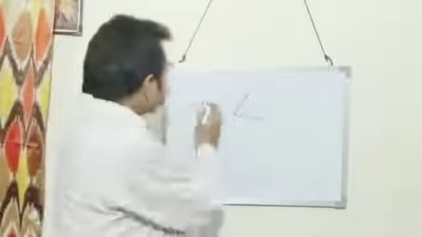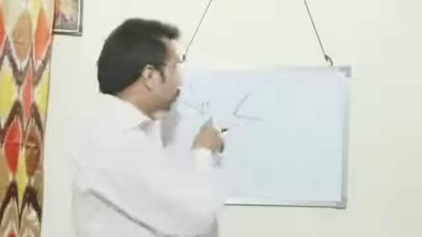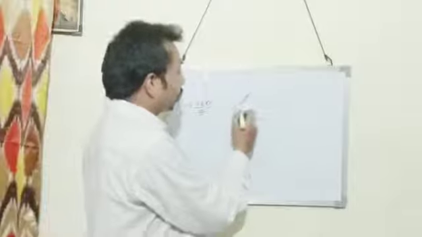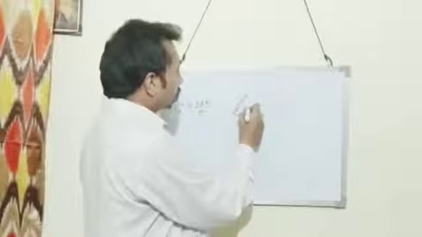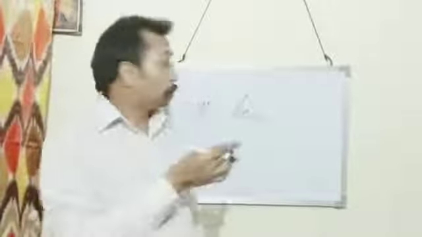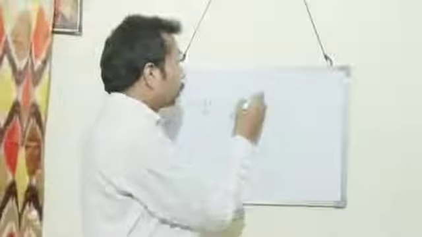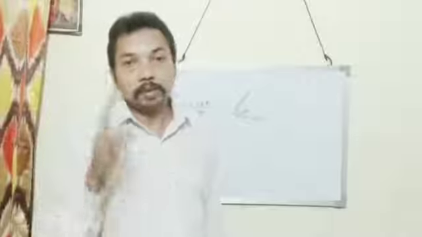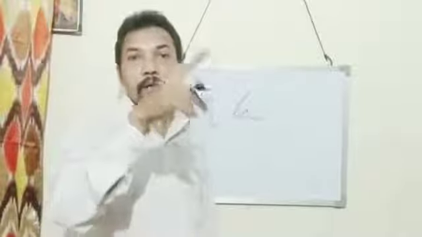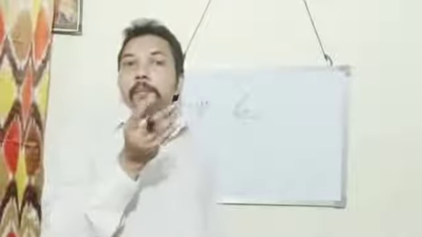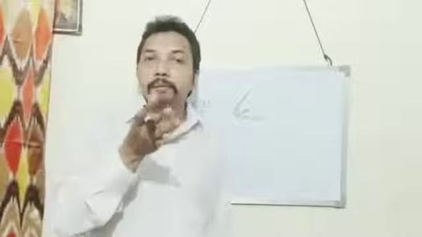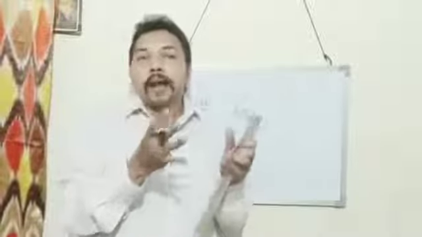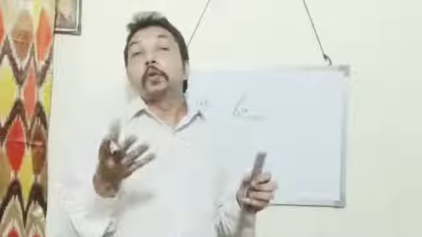In that case, the number of images formed will be 360 by theta. Suppose theta is equal to 60 degrees and the object is kept asymmetrically, not along the line of symmetry. You know what the line of symmetry is. The line of symmetry will divide the figure into 2 congruent figures.